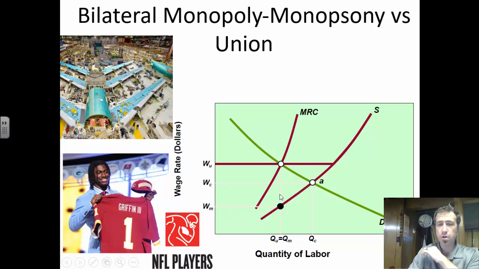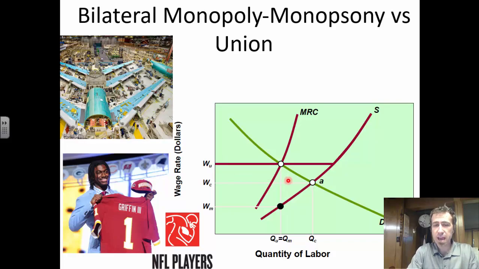And so again, marginal resource cost intersects marginal revenue product. We go down, that's the quantity that the monopsony wants to hire, and they want to hire them at this monopsony wage rate. The union wants to argue for a higher price.